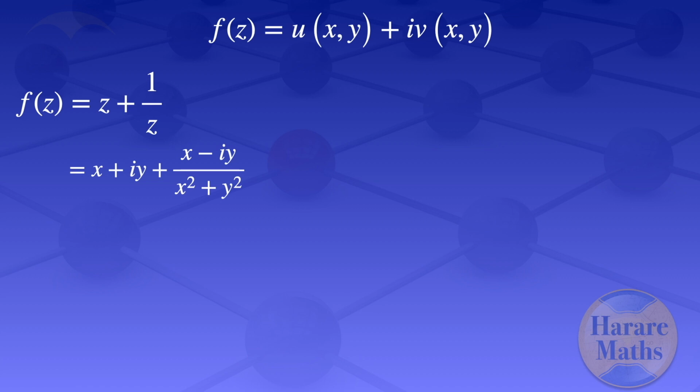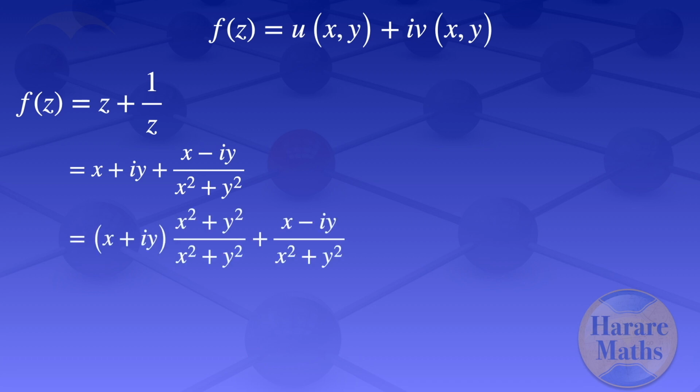Looking at this part and this part here, we can put them under a common denominator. The common denominator will be x squared plus y squared. So it becomes (x + iy)(x squared plus y squared) divided by x squared plus y squared, plus (x - iy) divided by x squared plus y squared.